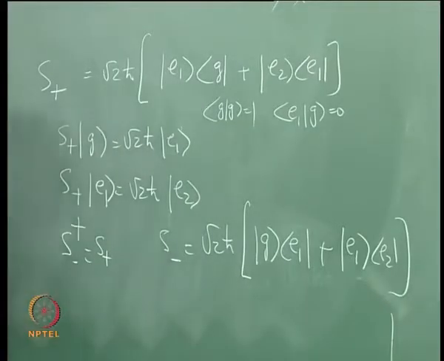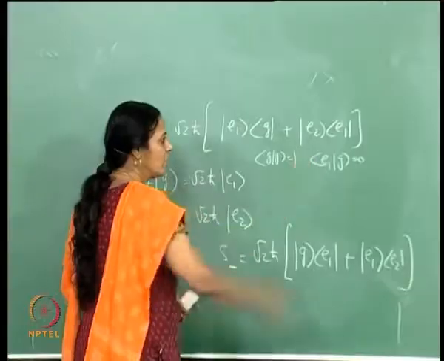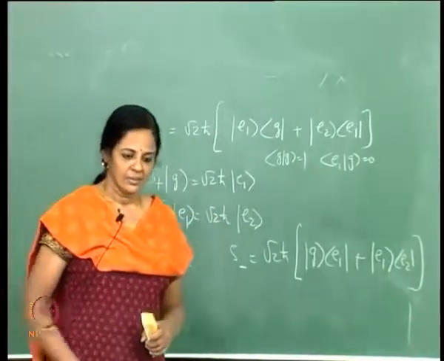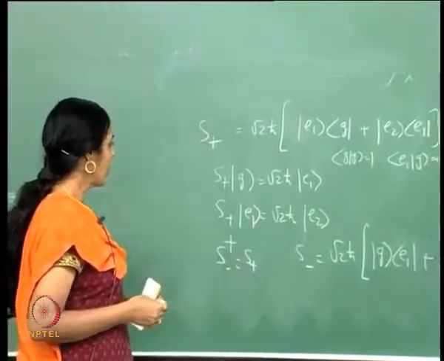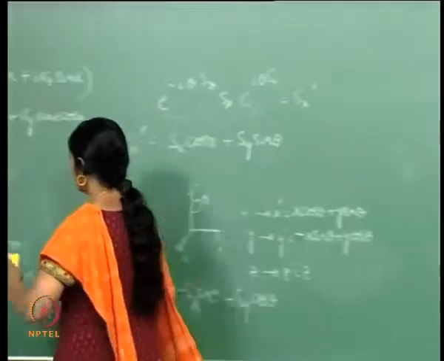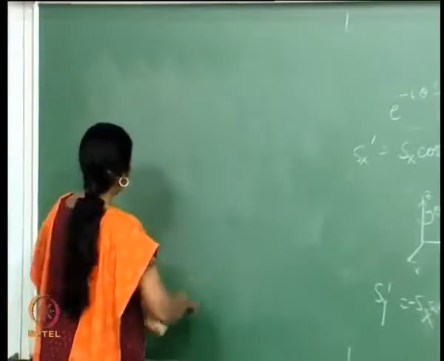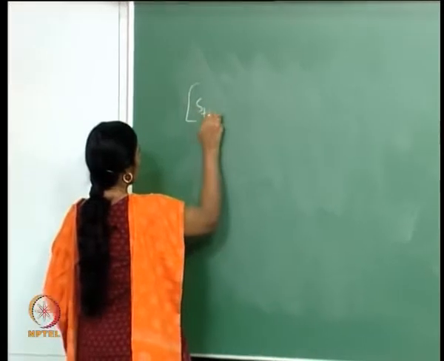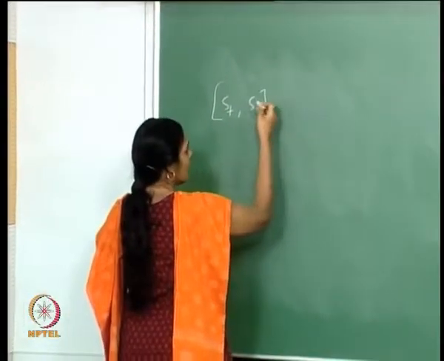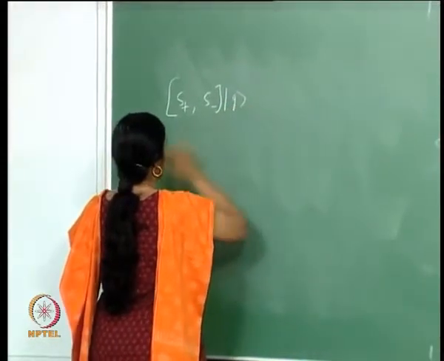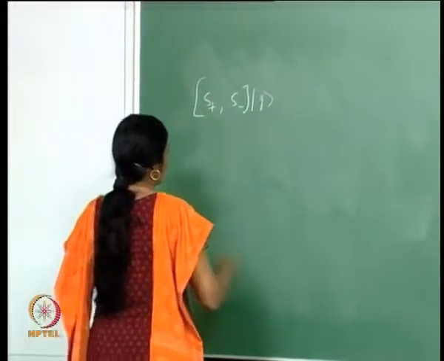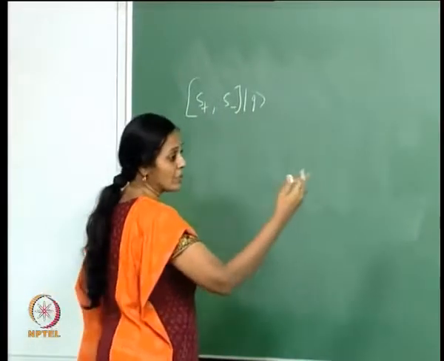I can find out the commutator of S plus with S minus by making it act on the basis states G, E1 or E2, and the commutator S plus with S minus would be 2H cross Sz. So, let me find that commutator. As I said earlier, these are done on some states. So, let me take the state G. It should be a state independent algebra.